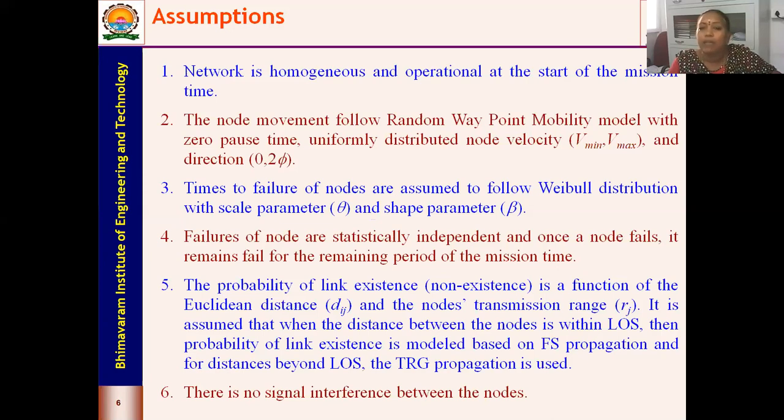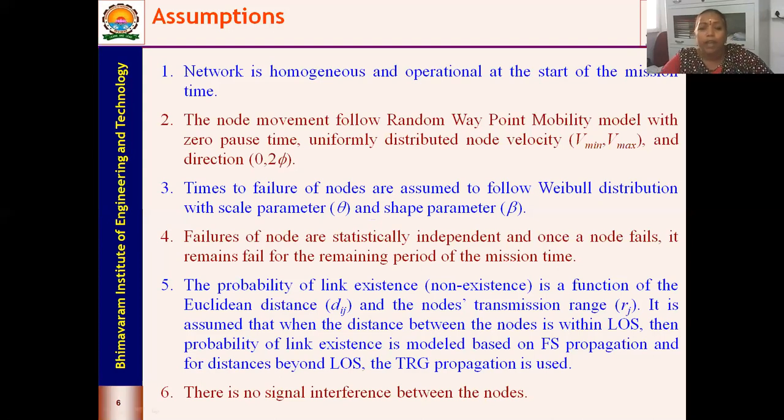And with time, the reliability of the nodes will reduce. The model considered here for the node movement is the random waypoint mobility model with a 0 pause time. We assume that the nodes are uniformly distributed in the defined coverage area, and they move with a velocity from V minimum to V max, in a direction 0 to 2 pi. And here we assume the failure of the nodes to be Weibull distributed with scale parameter theta and shape parameter beta.